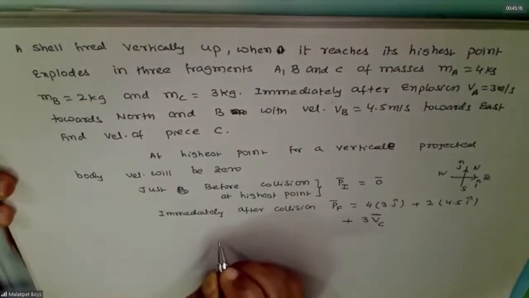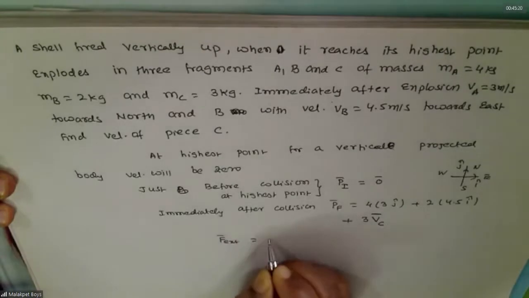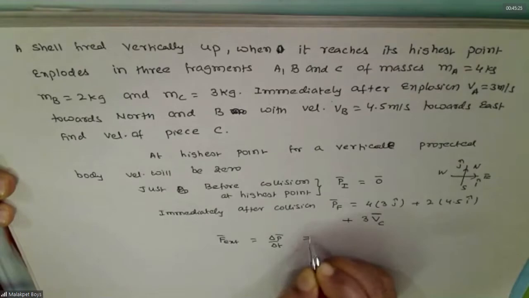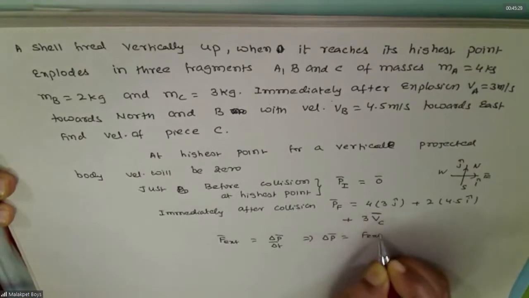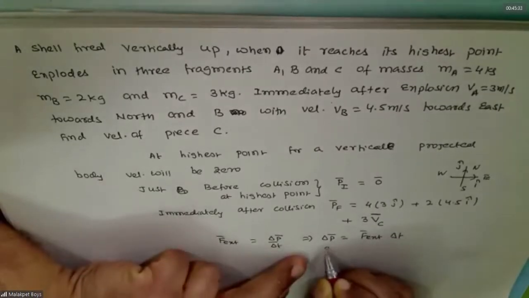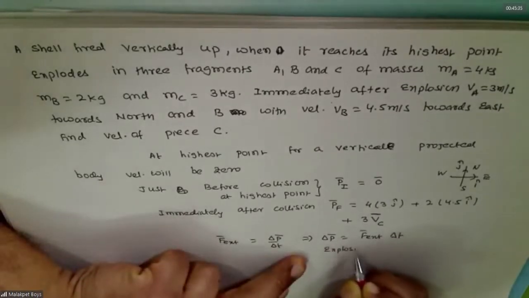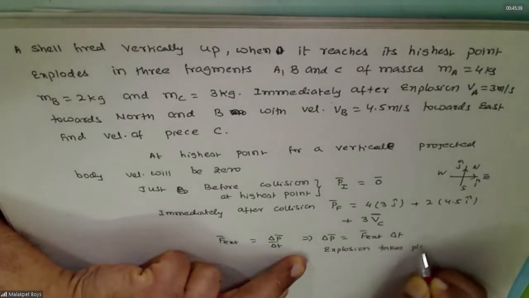See, remember, external force is change in momentum by time taken. Now you can check like this also. There may be an external force, but see, the explosion takes place during a very small interval of time.